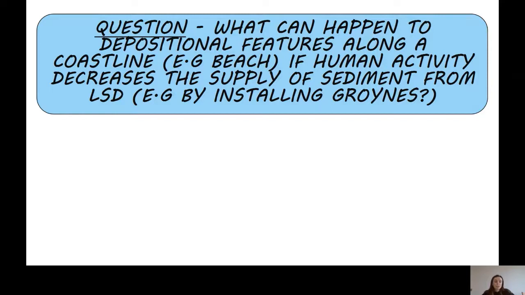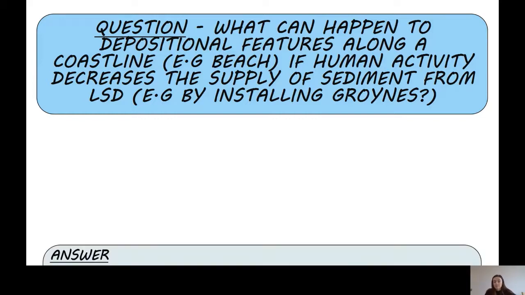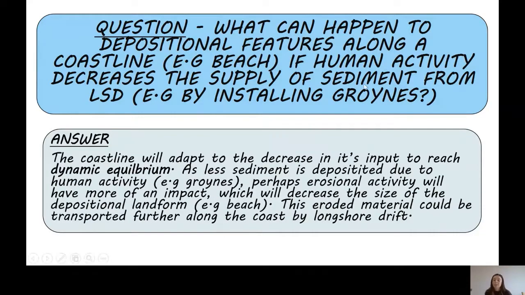Now, here we have an interesting question that will need application of knowledge. What can happen to depositional features along a coastline, for example, a beach, if human activity decreases the supply of sediment from longshore drift, for example, by installing groins? Well, here we have the answer. The equilibrium will adapt to the decrease in its input to reach dynamic equilibrium.